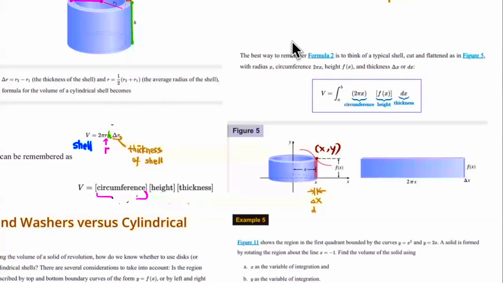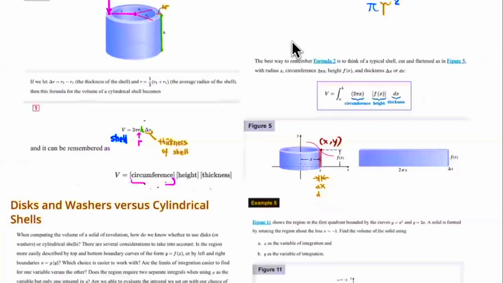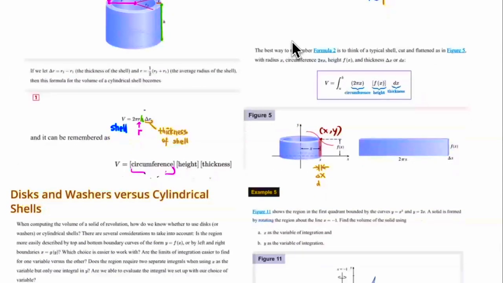So when you open it up, it's kind of like a thin rectangular box, right? So that was the idea for the shell method. The value for that is circumference times height times thickness. Circumference here is 2 pi r. The height is h.